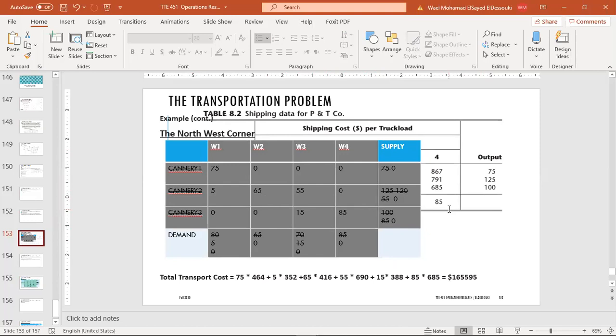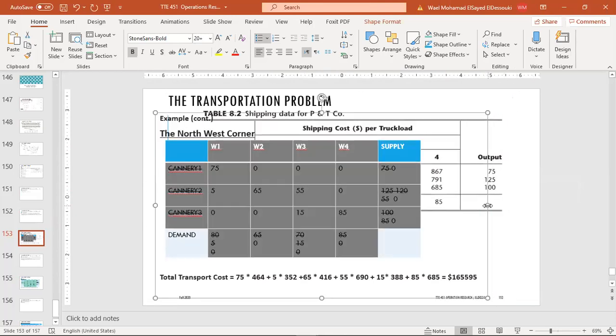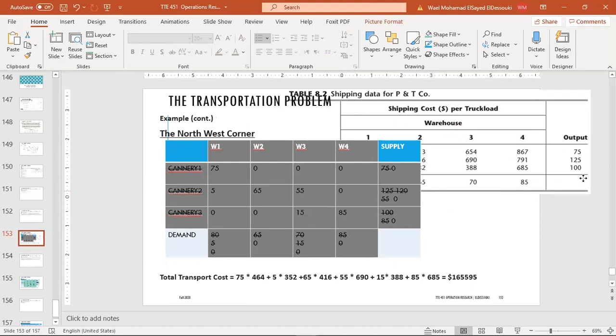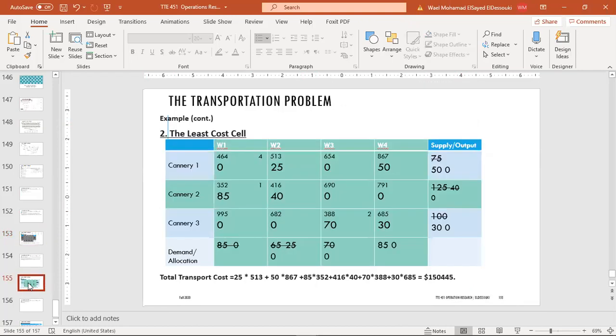Okay, what I want to say is that the way we worked last time had no logic. Why? Because here, focus with me Abdullah, from cannery number 3 to warehouse number 3. Okay, that's the least cost, or I think I'm sorry, that's the second least cost. Yet it only assigns 15 here. In our example, it assigns 70 here.